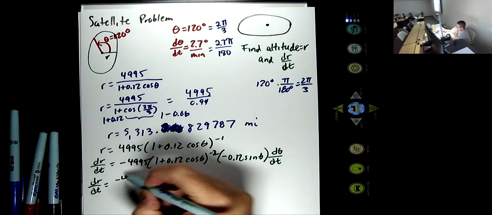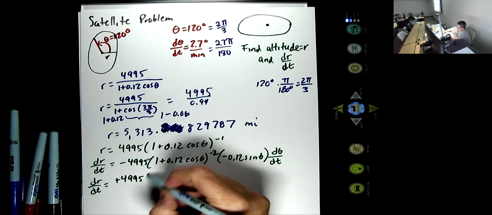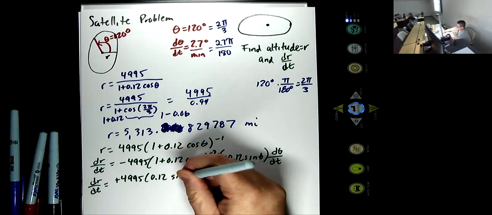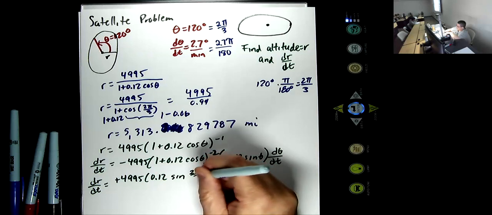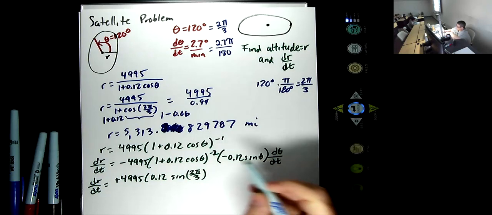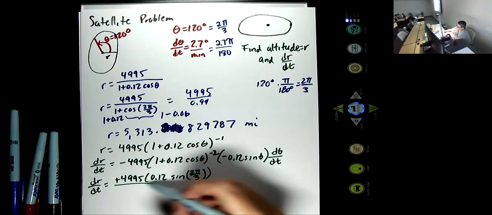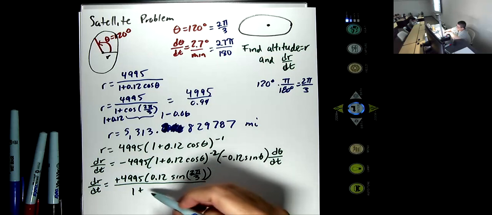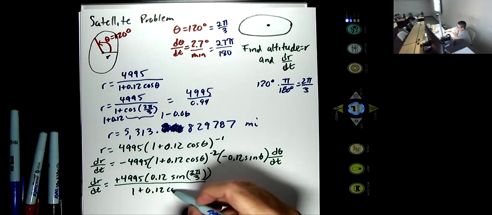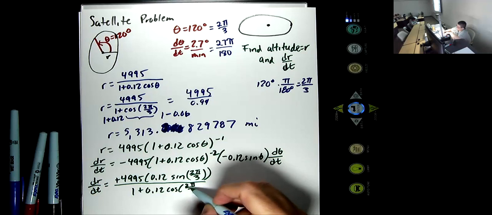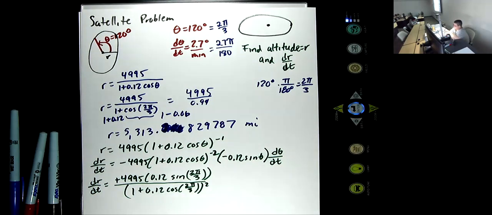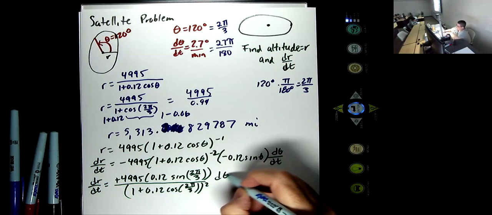So dr/dt, looks like the two negatives cancel. I got 4995 times 0.12. Sine of theta is sine of 2 pi over 3. That's the numerator. The denominator is 1 plus 0.12 cosine of 2 pi over 3, that thing squared. And then I have d theta dt.